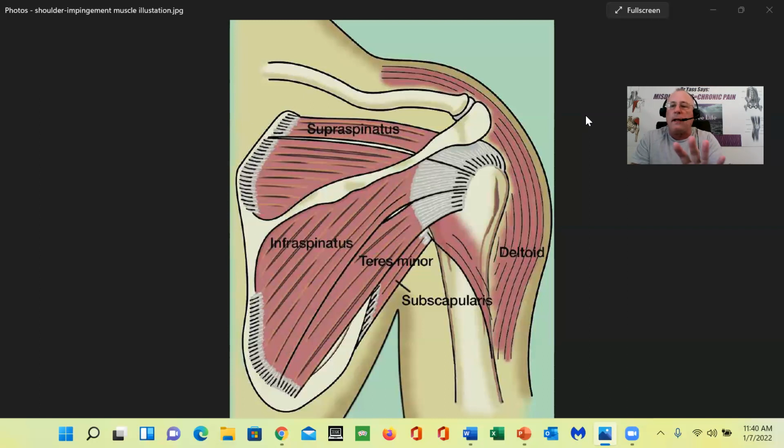So I wanted to give you an understanding of how this works. And maybe if you see the picture, it'll make more sense. And then you'll realize that the ability to resolve your pain is actually much more in your hands than someone external. So what we're looking at here is the shoulder joint.